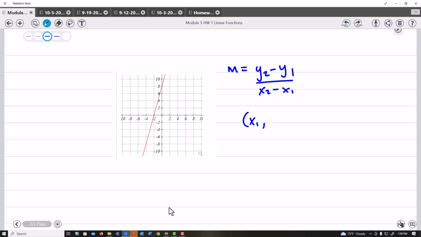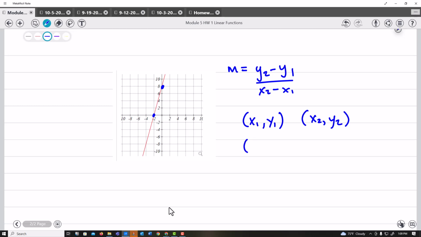So you want to look on the graph where you can get exact points. It looks like I can get one right there. If you can get them at intercepts, that's always nice, right? So the y-intercept and the x-intercept.